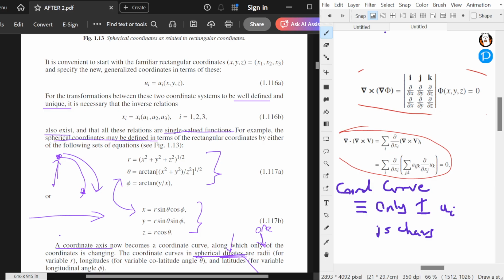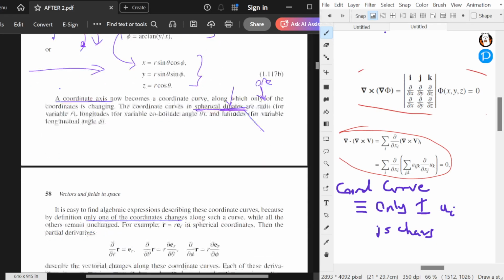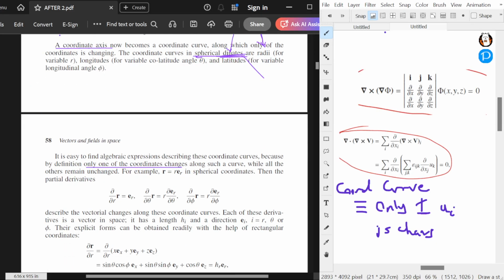Because I'll explain why I paused. In my head I was thinking, oh, this is just an equipotential line. But for an equipotential line, only one thing is constant, right? Maybe it's like a curve, like an area. Oh, I'll understand better the more I read. Only one thing is changing.